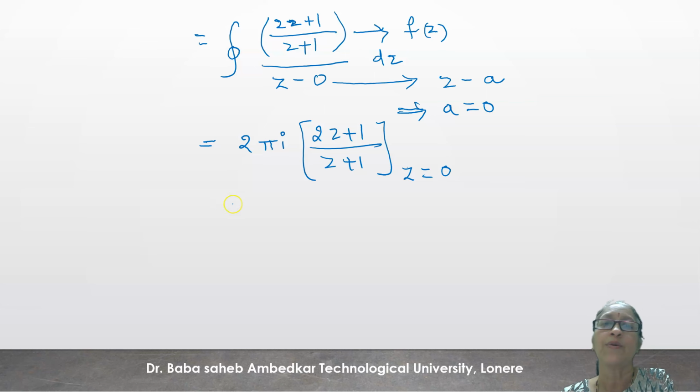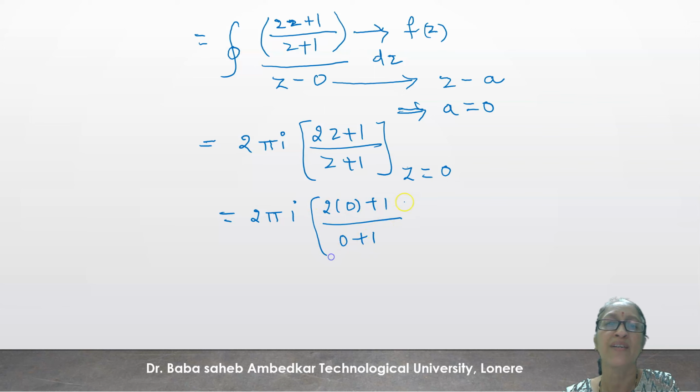Okay. Now 2 pi i, if you put z equal to 0, (2 into 0 plus 1) upon (0 plus 1), which is equal to 2 pi i.